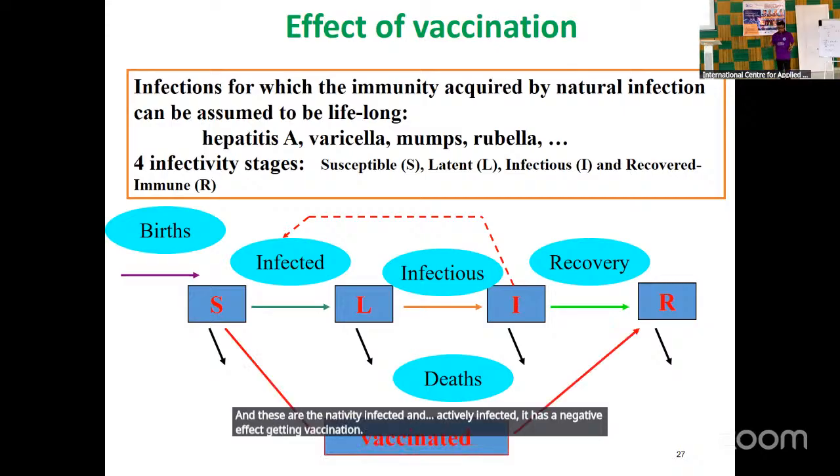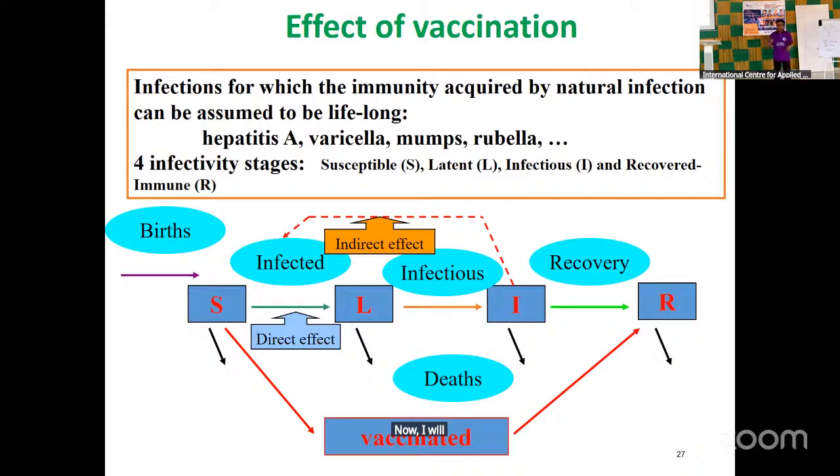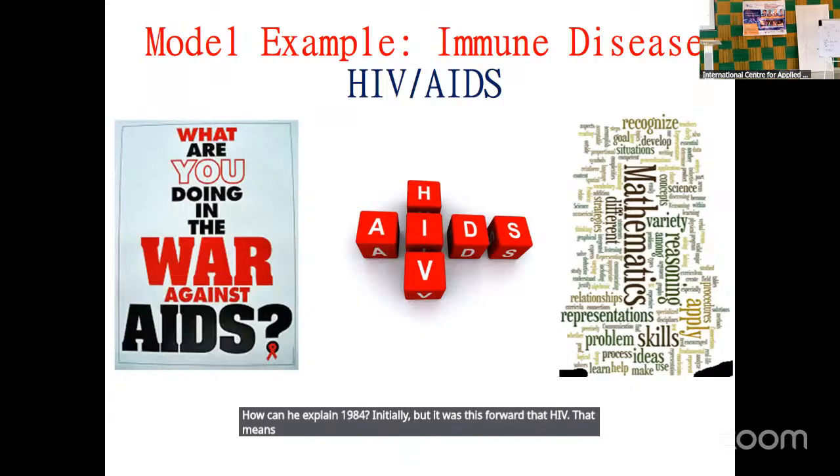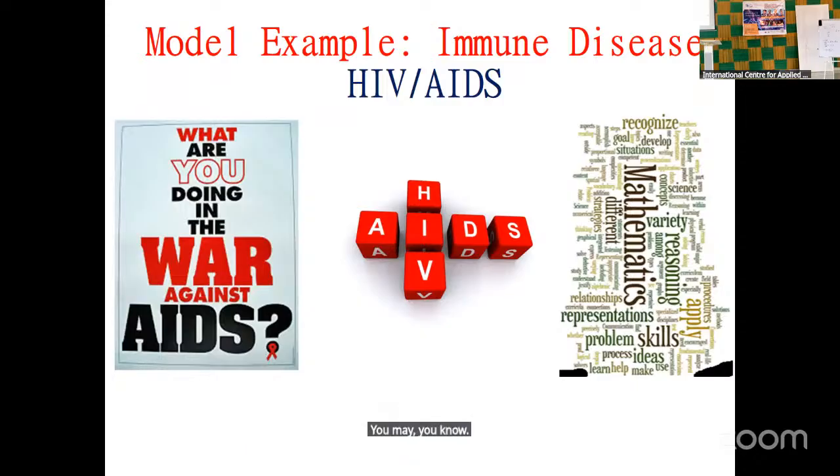Now I will try to discuss a little bit about how we can explain that in 1984 it was first discovered that HIV, the human immunodeficiency virus, in a nutshell, is to be described as AIDS, acquired immunodeficiency syndrome.